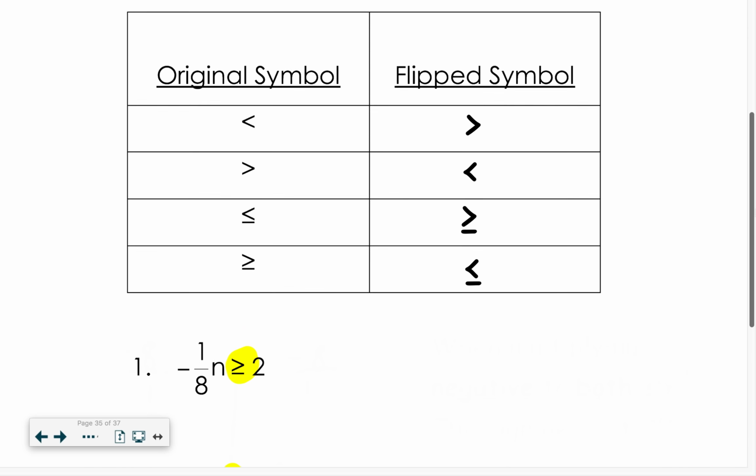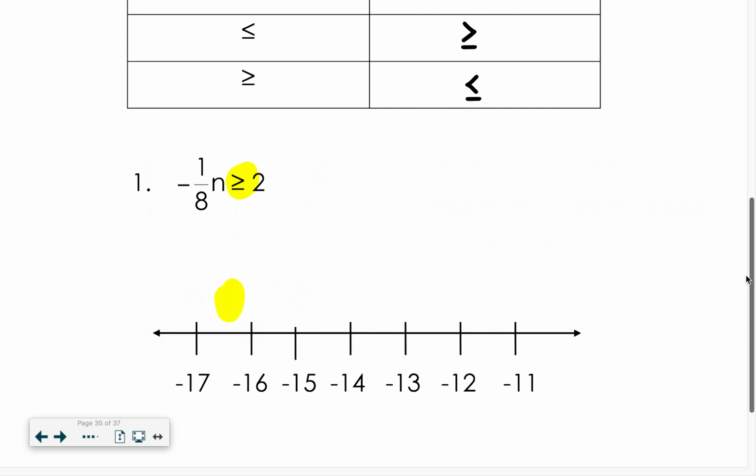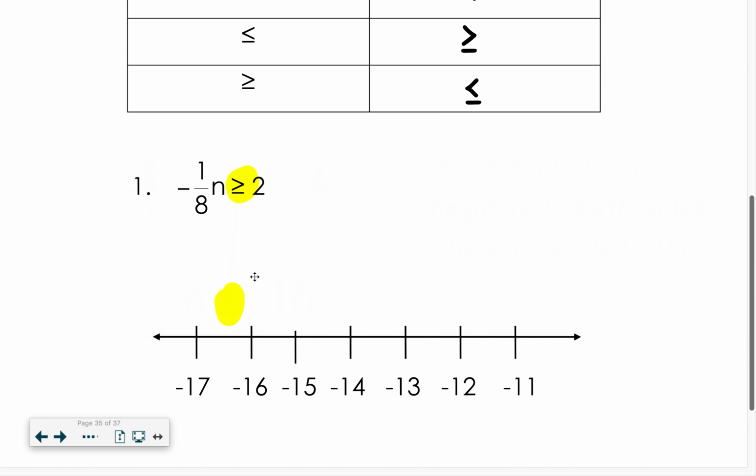Let's see how that is being used in problems. I highlighted something and it'll come up in a minute. I'm sure you can imagine what it'll be. So if I have this problem, negative 1/8 n is greater than or equal to 2, I'm going to solve this just like I would any normal equation. The difference is there's an inequality.